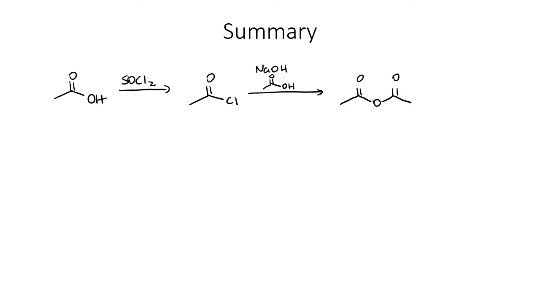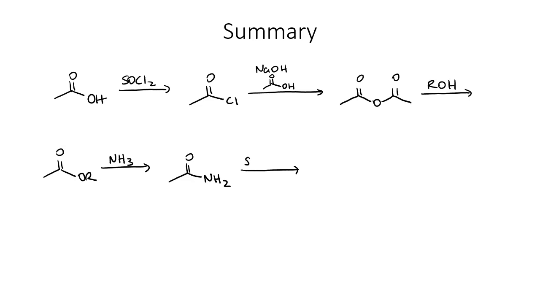Now we can turn an acid anhydride into an ester using an alcohol. We can turn an ester into an amide using an amine. And finally, we can turn an amide into a nitrile using thionyl chloride.